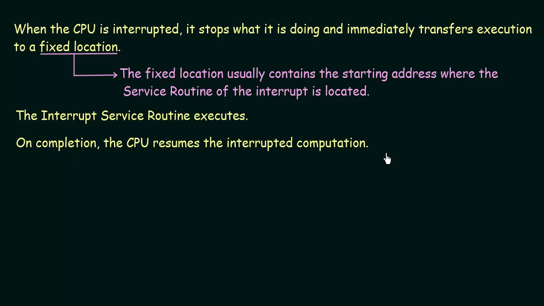When the interrupt arose, it transferred its execution to the interrupt service routine, and once the interrupt service routine executes completely, the CPU can go back to where it came from and resume whatever it was doing. So this is how the CPU responds to interrupts, and I hope that made it clear to you how an interrupt is handled by a CPU, at least the basics.